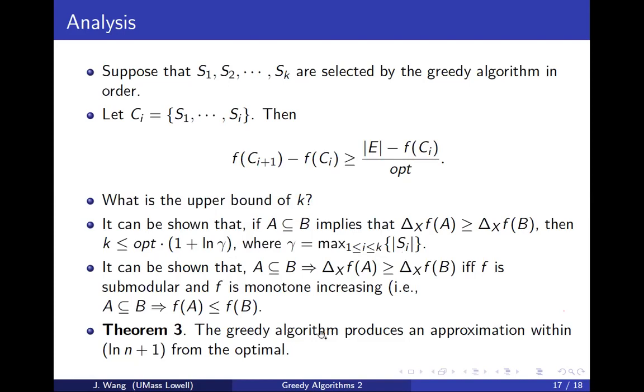So you can think of it as an optimization ratio. So that's log n plus 1 is the optimization ratio.